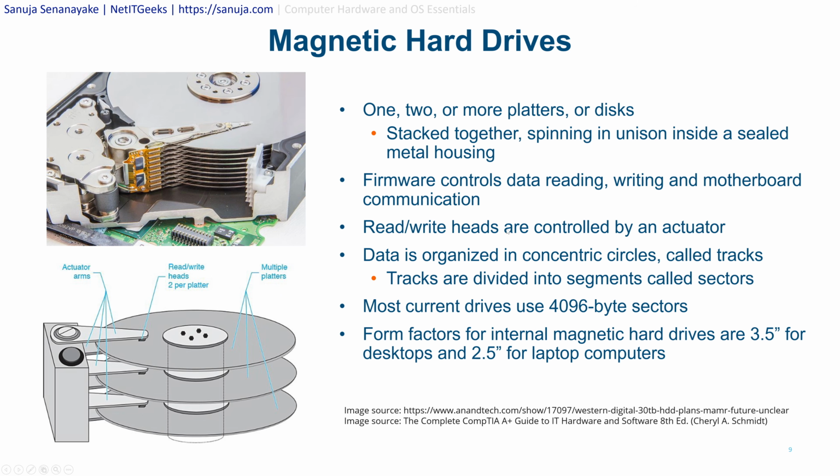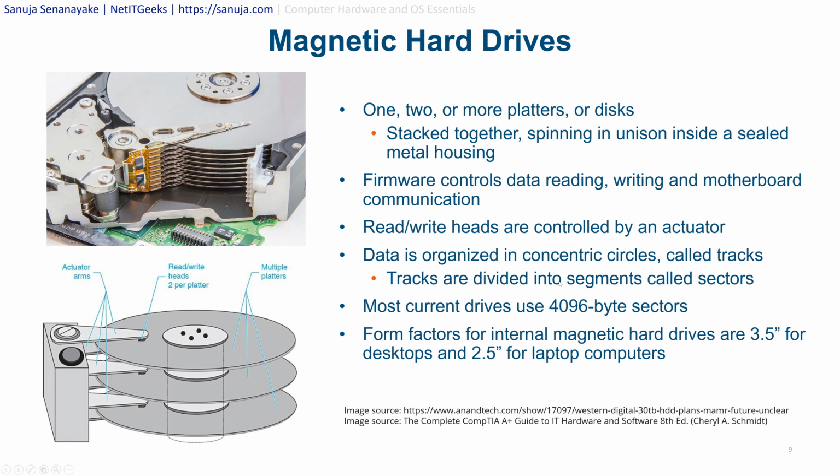The read-write heads are controlled by an actuator, which is basically a small motor. The actuator can send this arm all the way to the center, as well as all the way to the edge of these platters. That actuator is the one right here, a small motor that controls all of these arms moving back and forth.